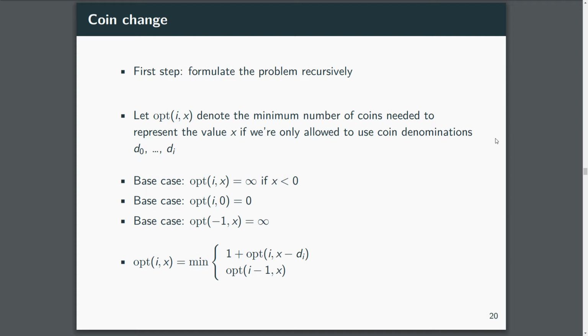If we reach x equals 0, then the answer is 0. We don't need any coins for that. If we finish all our types of coins and reach -1 for index i, and x here is a positive number, not 0, so we haven't finished giving out all the coins we need, then the answer is also infinity. So it's another error state.